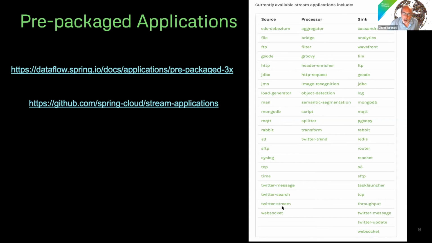Of course, all our prepackaged applications are published and available in our Maven, GitHub, and Docker repositories. They're open source at GitHub in the Spring Cloud Stream Applications repository, and they're well documented on our Dataflow site at dataflow.spring.io.